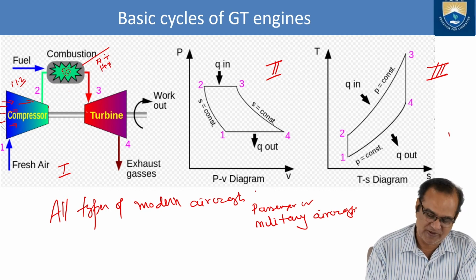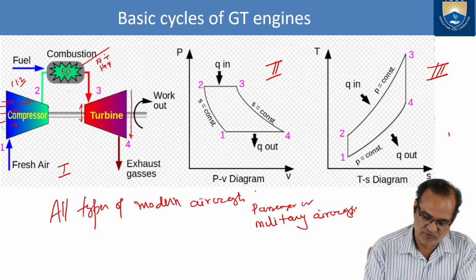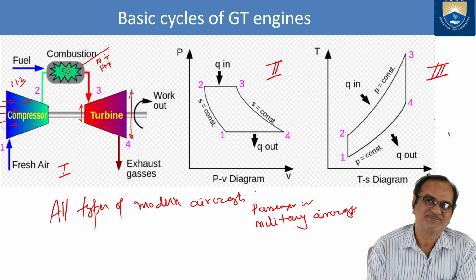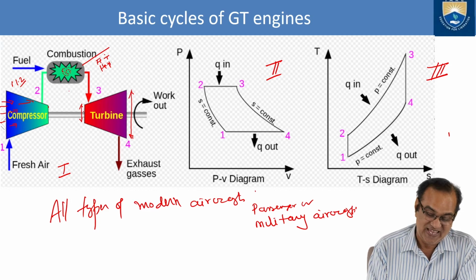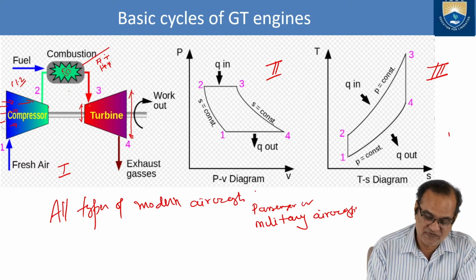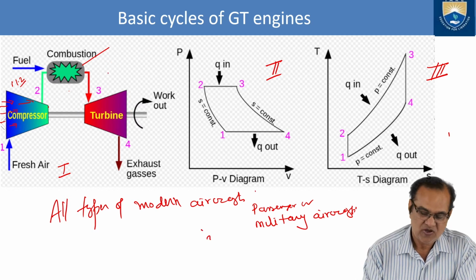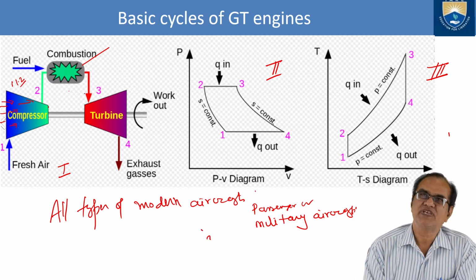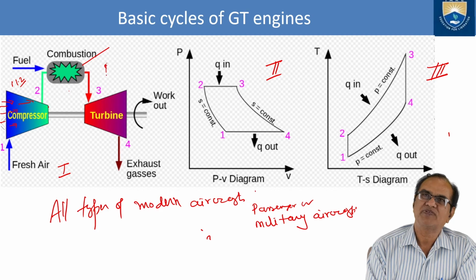Here if you see the shape of the turbine, here the area is less and here the area is more. What does it indicate? It is opposite to the compressor. I will just draw here. The turbine has a number of stages like this.